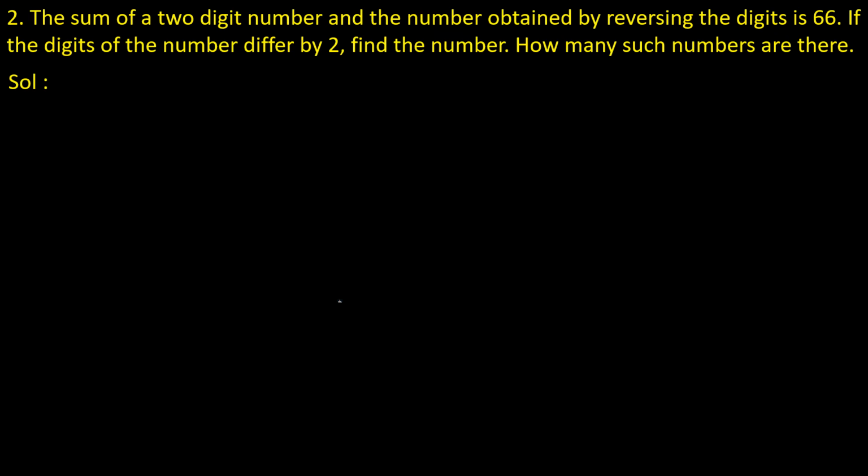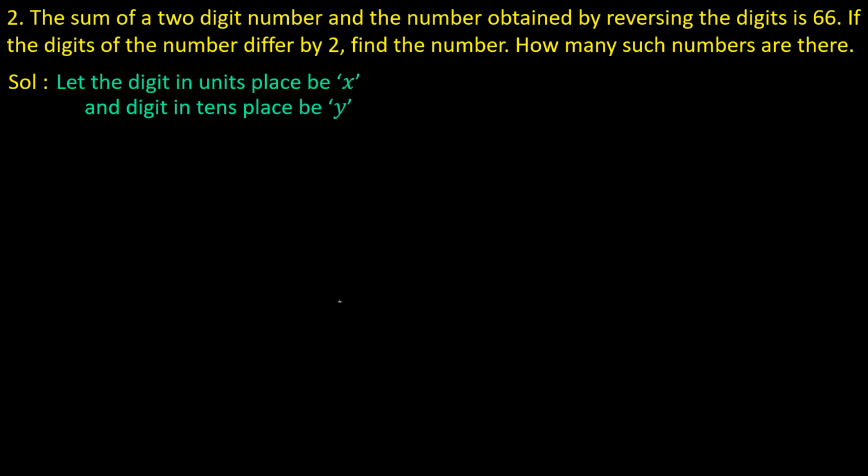So we know that in a two-digit number, there is a digit in units place and one more digit in tens place. So now let the digit in units place be x and the digit in tens place be y. For example, take the number 63.